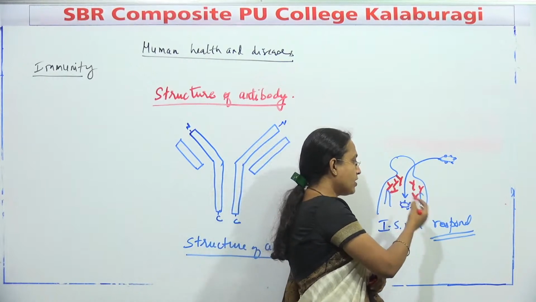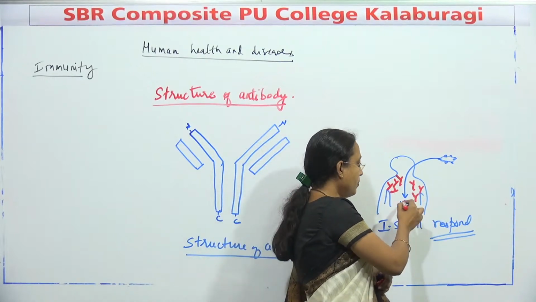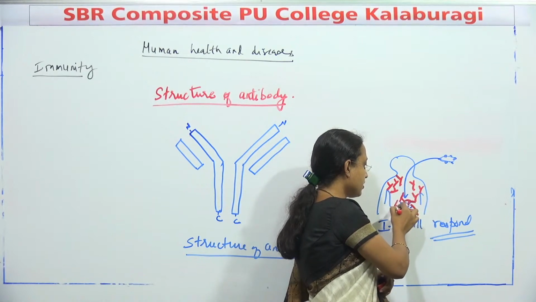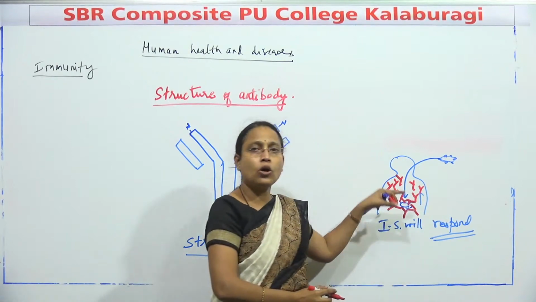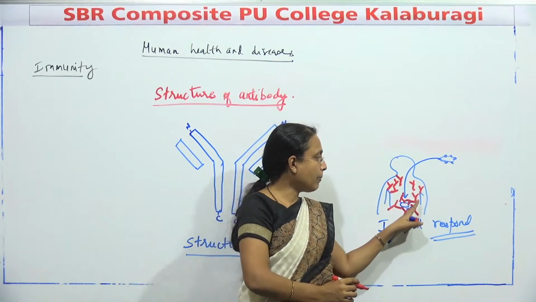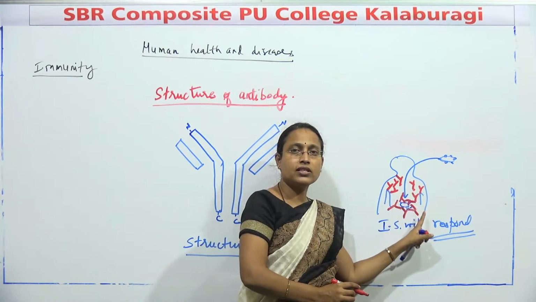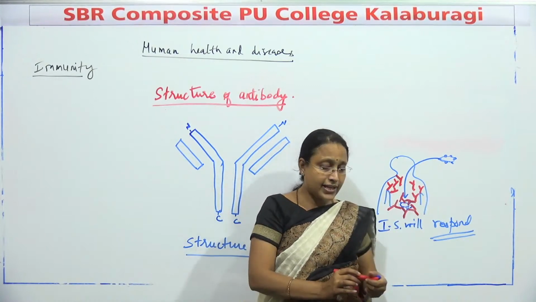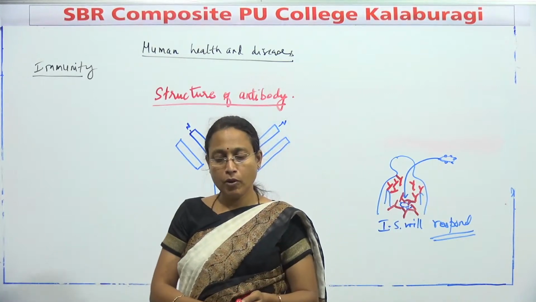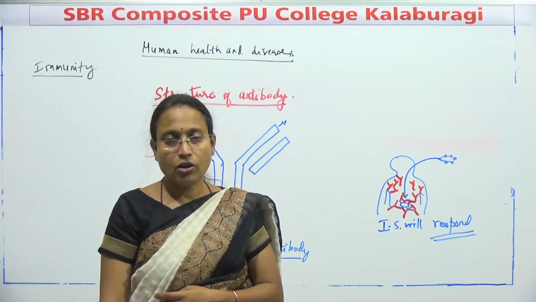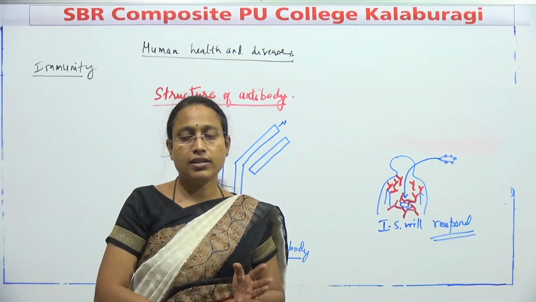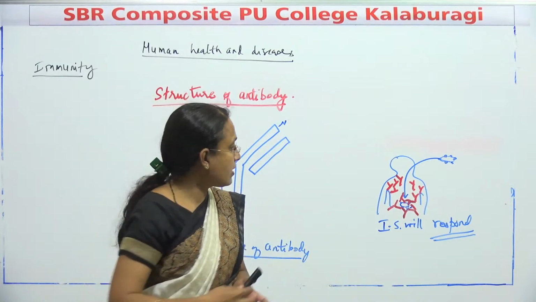So these antibodies which are produced by our immune system will surround this foreign particle like this. It will coat the foreign particle by binding to the antigen that is present on this pathogen. Now once the antibody binds to the antigen of a pathogen, then neutralization occurs. It means the antigen-antibody reaction results in neutralization. What does it mean?